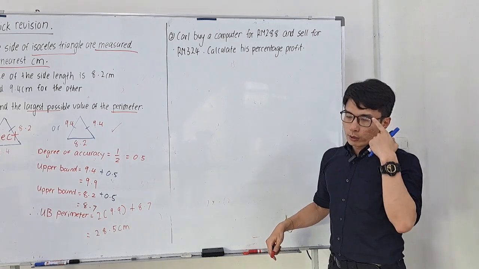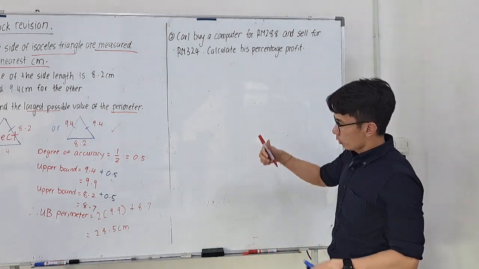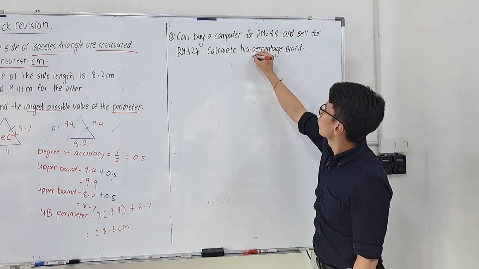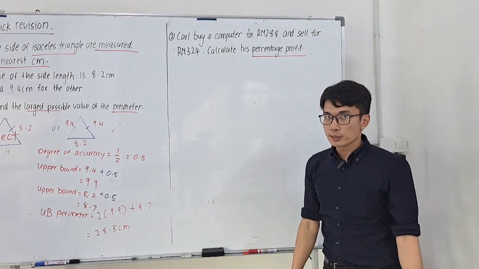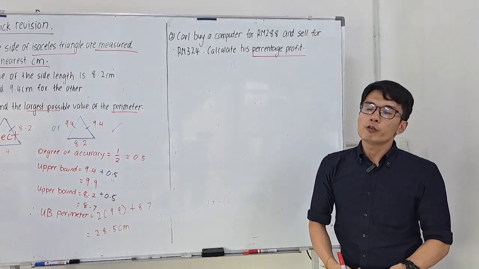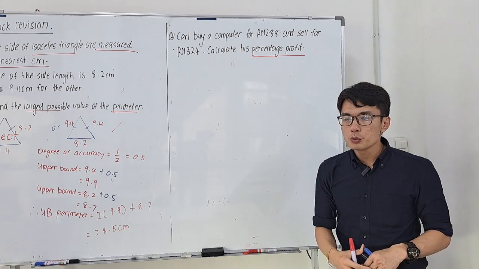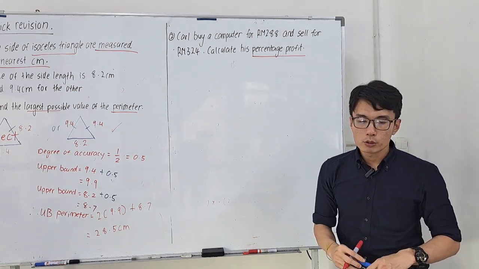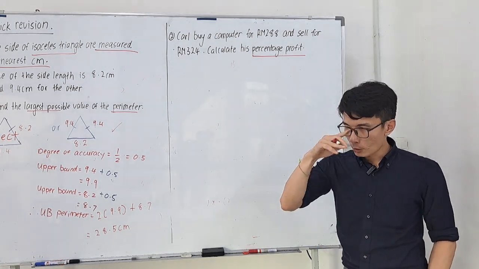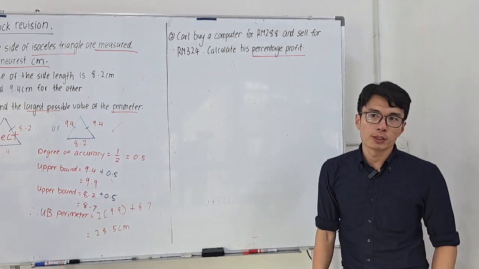Now for this one, a quick one. The main thing for this question is for you to calculate percentage profit. You can actually use the multiplier formula to find this, but I'm going to show you a much simpler formula.